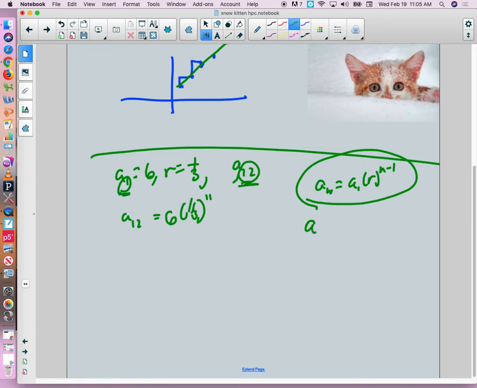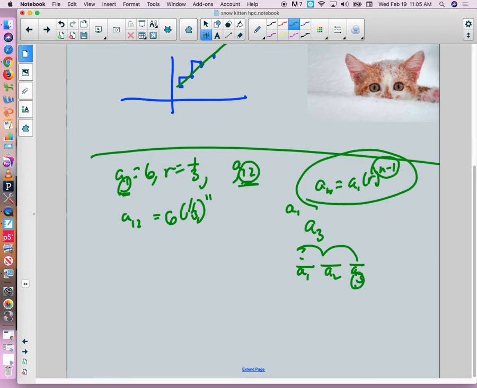If I want to get to the third term from the first term, here's the first term, and I want to get to the third term. That's why this n minus 1 is in both arithmetic and geometric. I already have the first term, whatever it is, and then don't you just have to multiply 2 more times to get to the third term?